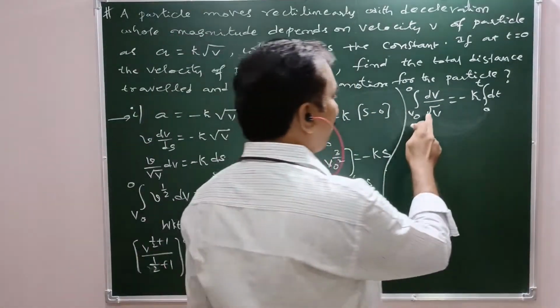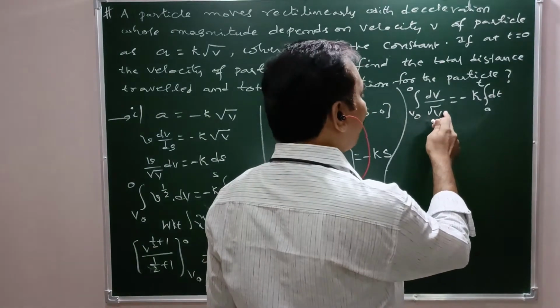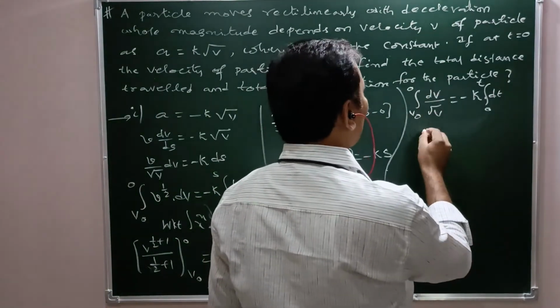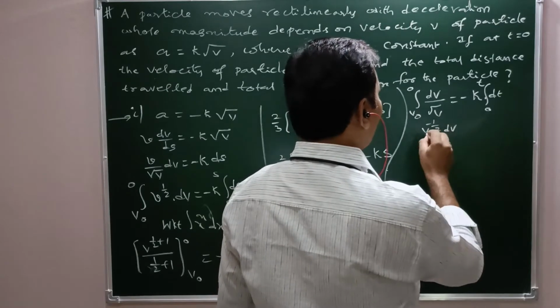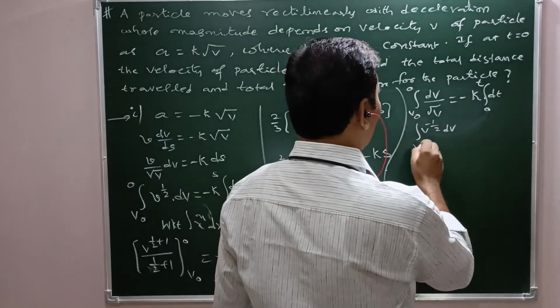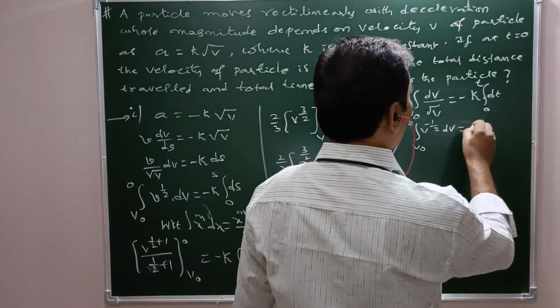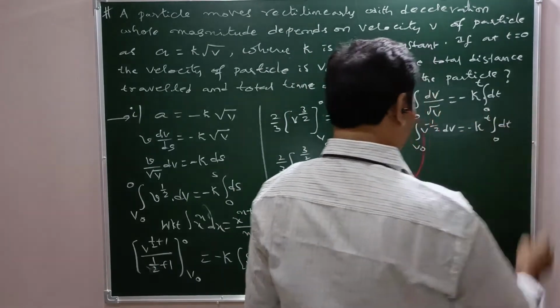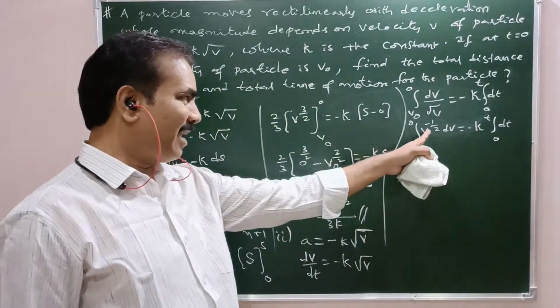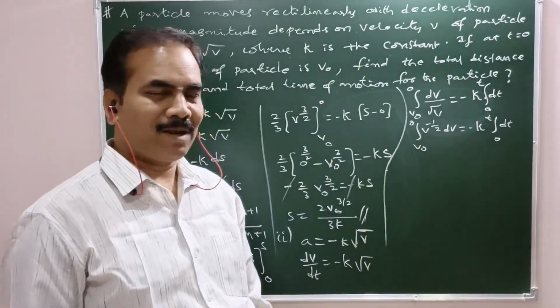Now root v means v power half. Taking it to the numerator, v power minus half into dv. So integral v0 to 0 equals minus k into integral 0 to t dt. Now integral x power n dx means x power n plus 1 by n plus 1.